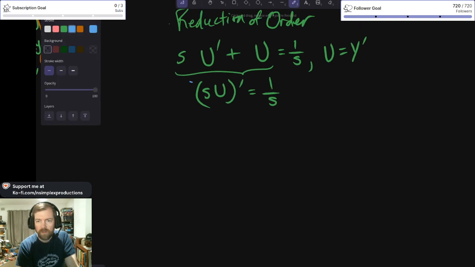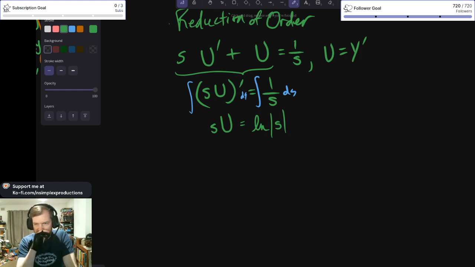So then, take integrals. Yeah. It's not going to be great, but this is going to be s u is equal to, here, this is the natural log of s, absolute value, I guess.